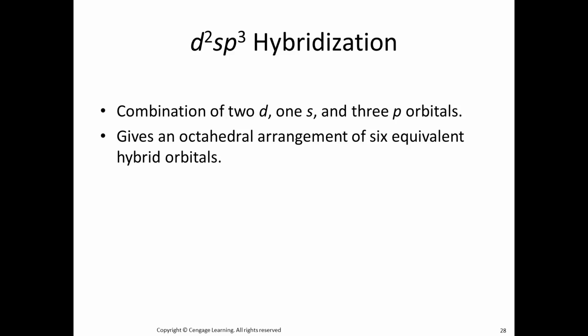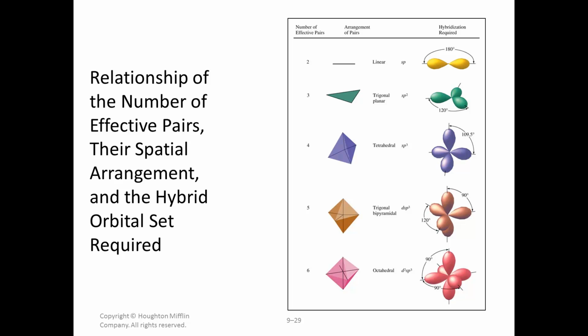And so to summarize, when we have 2 groups of electrons around a central atom, our number of effective pairs is 2. The arrangement of pairs is linear to optimize spacing. This gives us sp hybridization with a 180-degree bond angle.